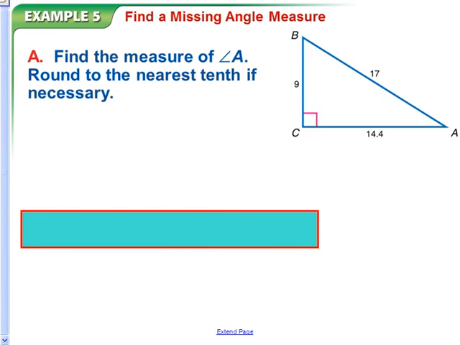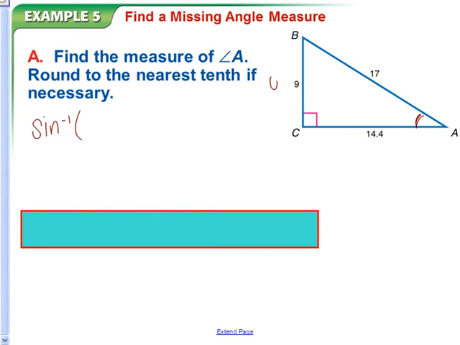All right, now let's go and find an angle. We need to find angle A, so we're going to draw this triangle and mark this angle. Because we have all three ratios, we could do sine, cosine, or tangent. Sine inverse is opposite over hypotenuse.